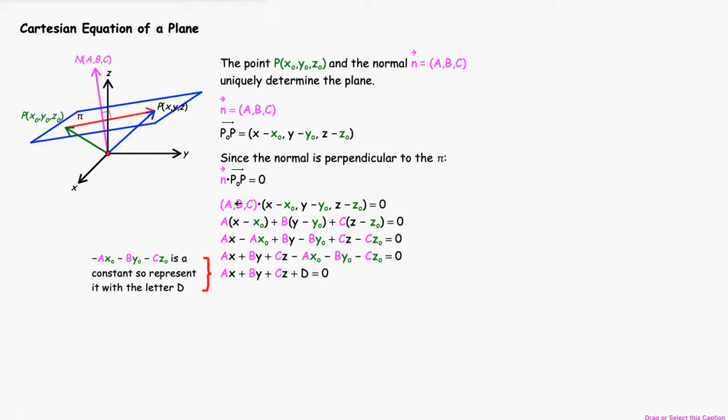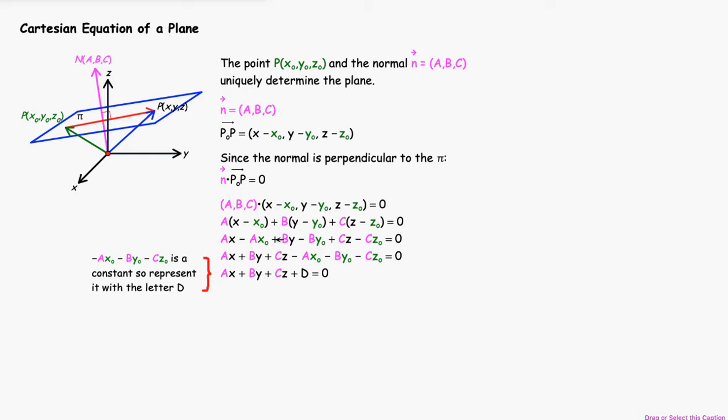So we're going to be doing A, B, C dot x minus x naught, y minus y naught, z minus z naught. So we're going to multiply the x components, x times this, B times that, C times that. Expanding: ax minus ax naught, plus by minus by naught, plus cz minus cz naught. And then I'm going to group the Cartesian variables together, x, y, and z.